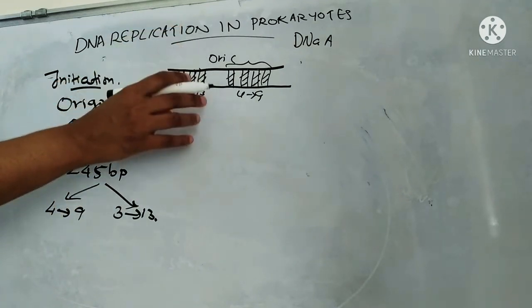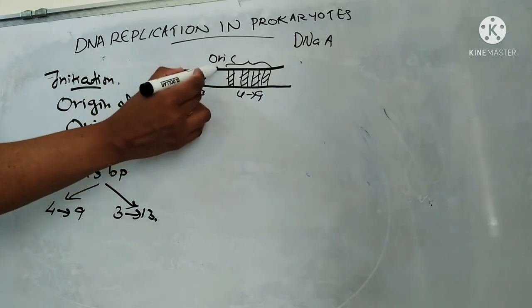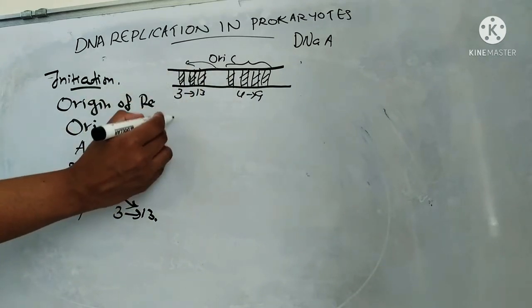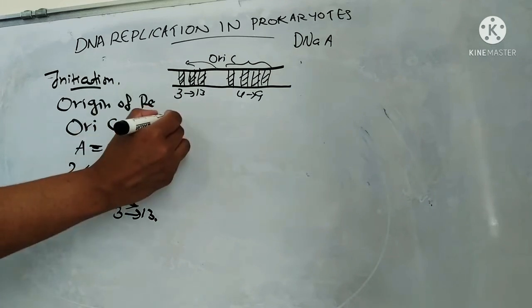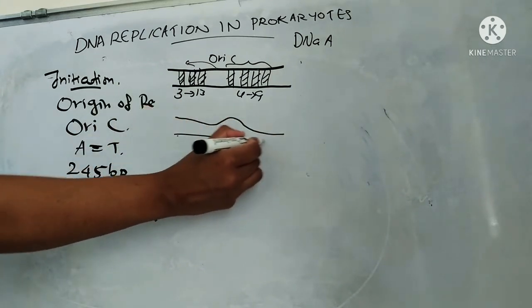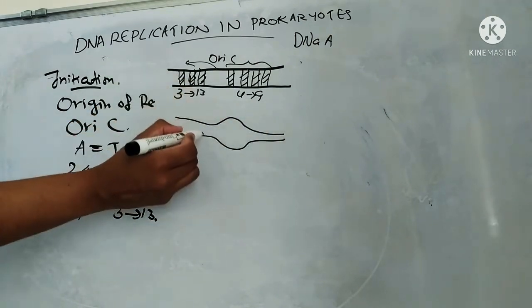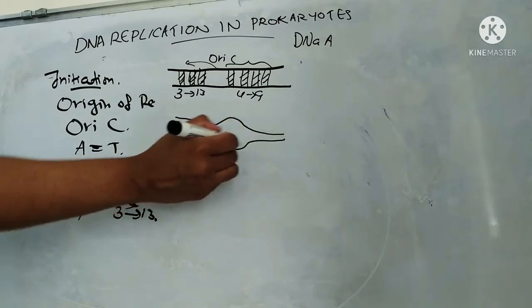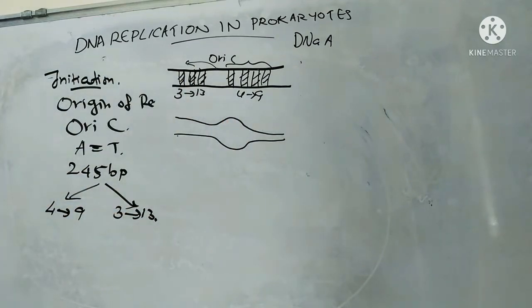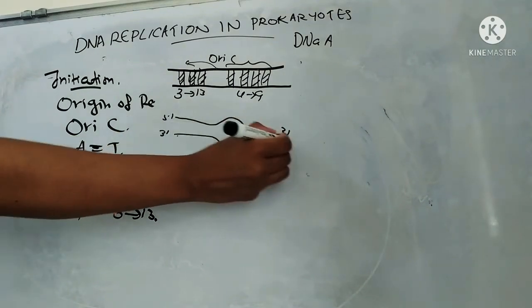That means it unwinds the 13 base pair, and it will lead to the formation of a replication bubble. So here it is 5 prime, 3 prime, 3 prime, 5 prime direction.